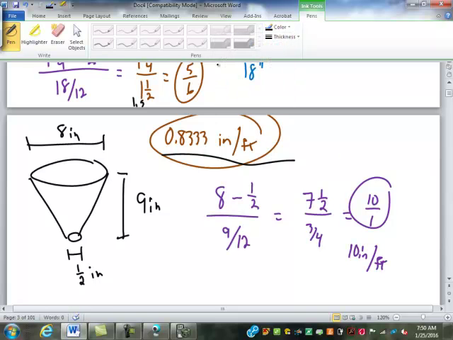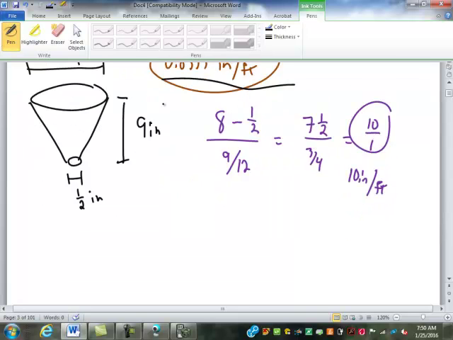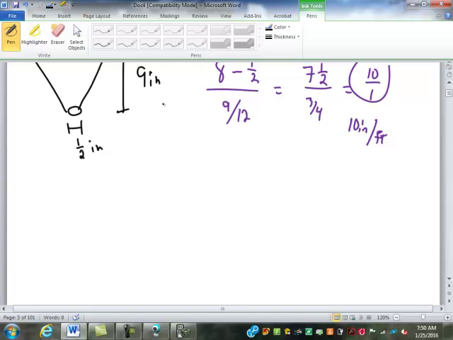Good stuff. Now there's something, I don't know if you've talked about them in the shop yet. There's something called Morse tapers. You've heard about them? They're standard tapers that are used. Morse tapers are almost barely detectable. They're so slight. Like the standard number 4, I don't even have it memorized anymore.